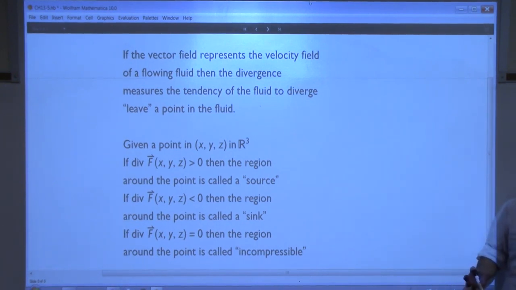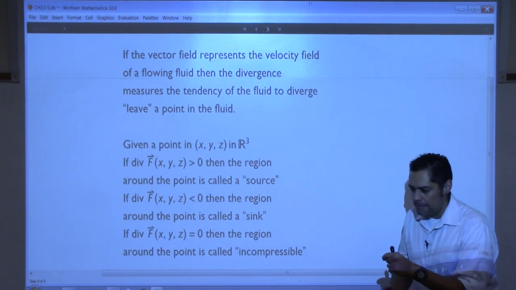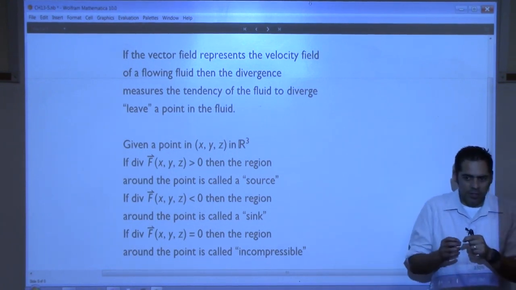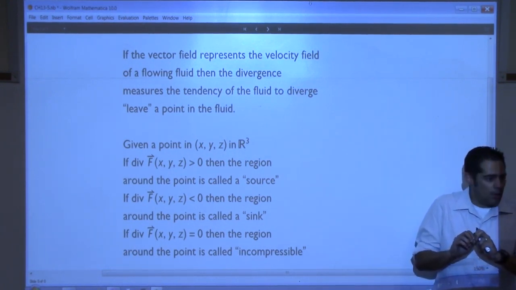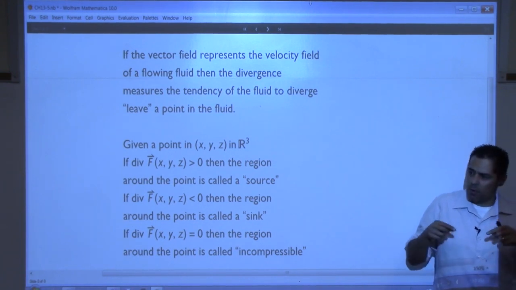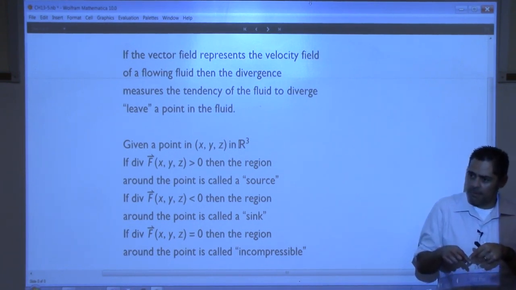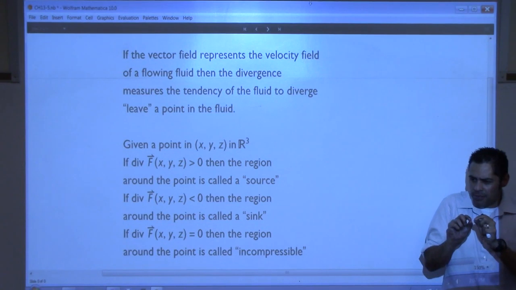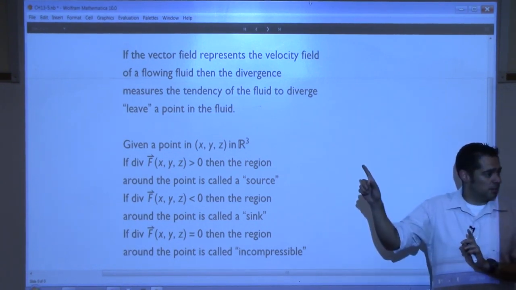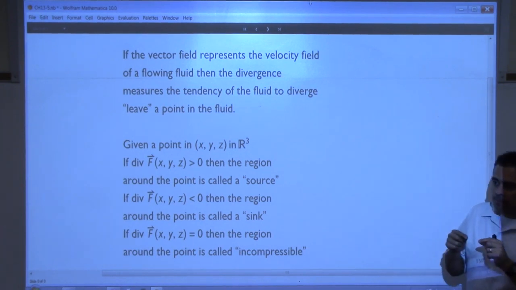Divergence: tendency of the fluid to diverge or leave a point. So if you've got positive divergence at a point, there's more of a tendency for things to flow away from it than to flow into it, right? So if you're at a point and you move a little bit off the point, most likely you're going to be moving away faster than you are going to be moving back towards it.